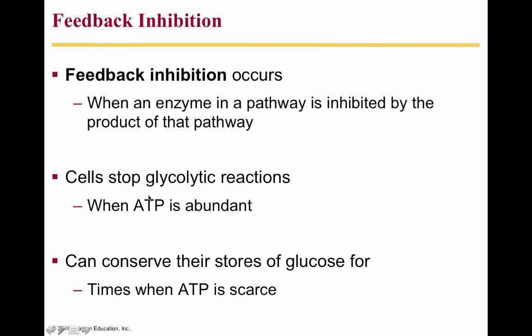Glycolysis, for example, is shut off when ATP is abundant. This allows cells to stop breaking down glucose and making ATP if we already have enough. And then we can break it down when ATP is scarce. We don't want to build ATP if it's abundant. We only want to build it when it's scarce.